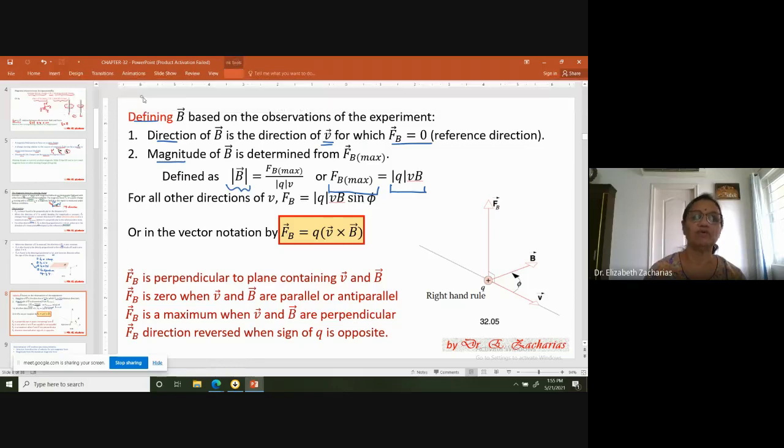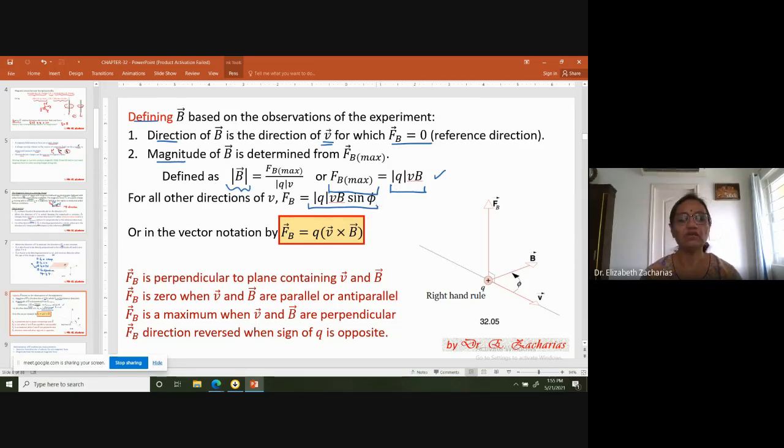So there we say FB is equal to QVB sine phi. FB max is QVB; for all other directions, it is QVB sine phi. When phi becomes equal to 90 degrees, you get FB max. So what you have written for FB max is contained in this more general equation.